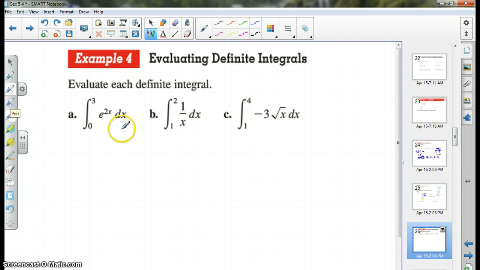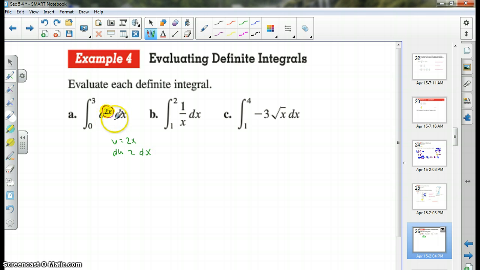Example number 4, several more opportunities to integrate. This would be a u substitution. Let's do that rule that we've been practicing. If I let u equal 2x, then du is just 2 dx.